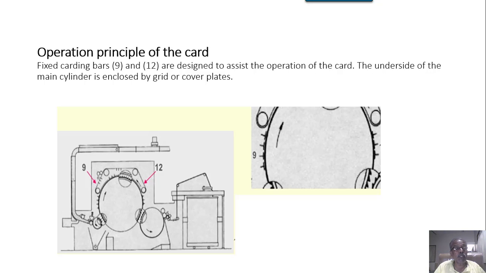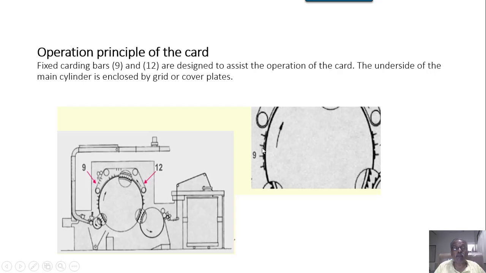Now we have already discussed the operational principle of the card, that the flats are designed in such a way that they have the interaction of wire points, and the carding bars, which are shown at 9 and 12, designed to assist the carding.